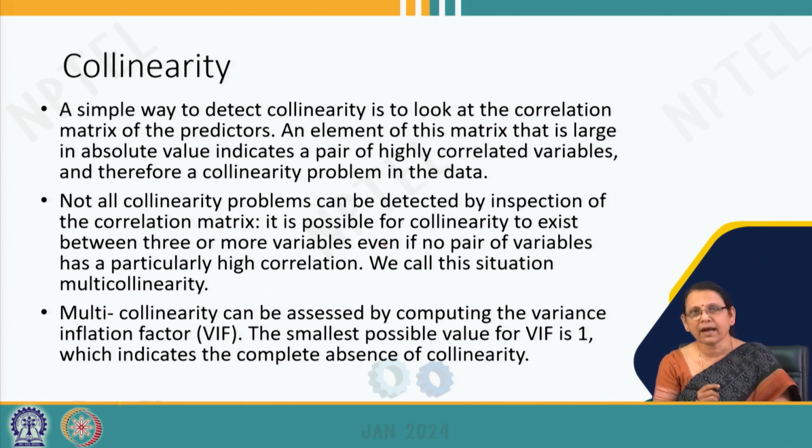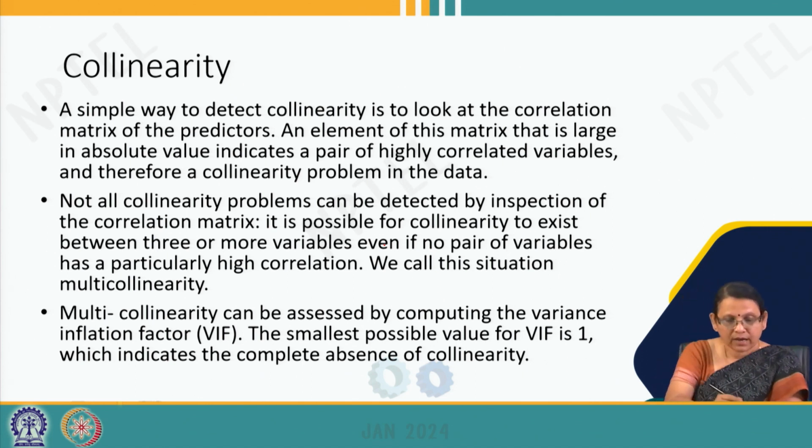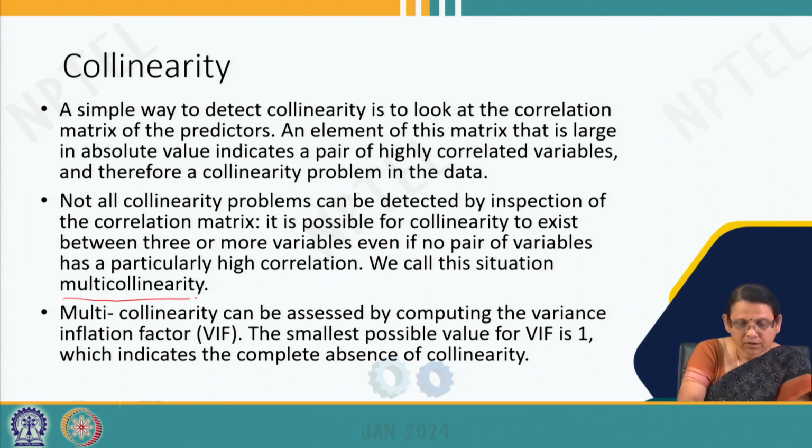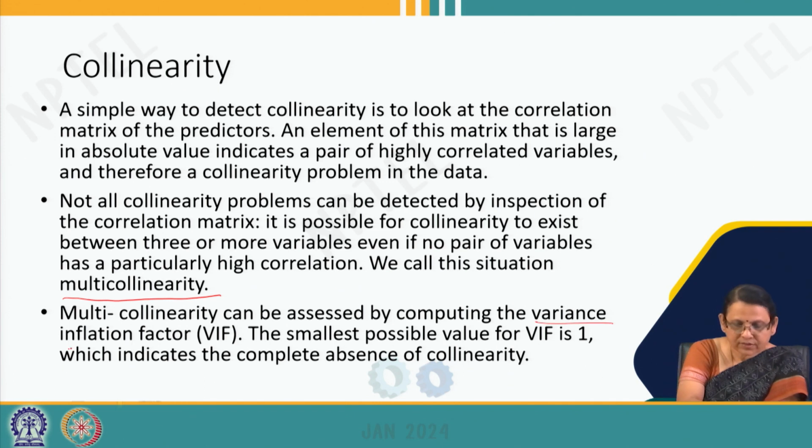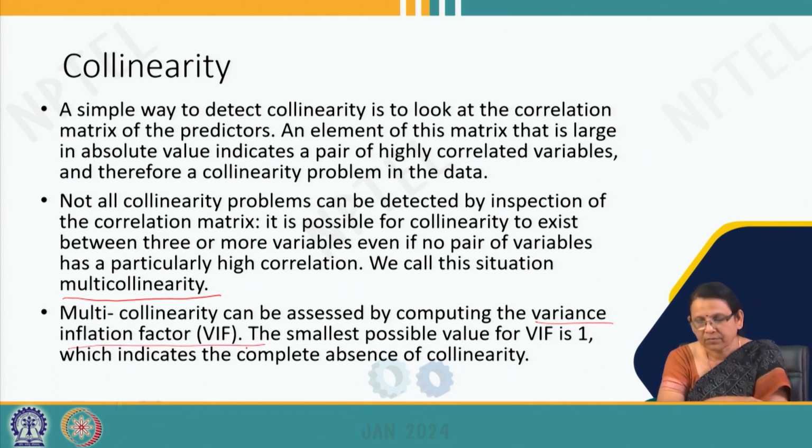It may so happen that even if between any pair of variables there is not much correlation, collinearity with multiple variables can be high, and these can also give misleading results. Such problems are called multi-collinearity problems. These multi-collinearity problems can be determined by computing something called the variance inflation factor.